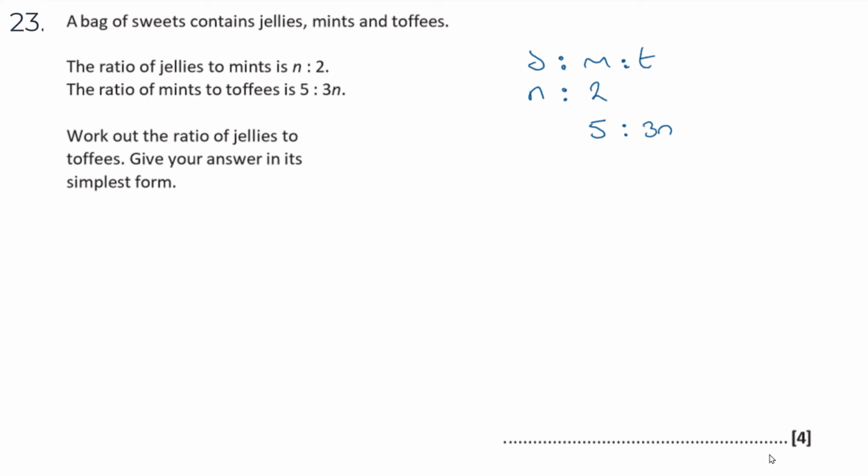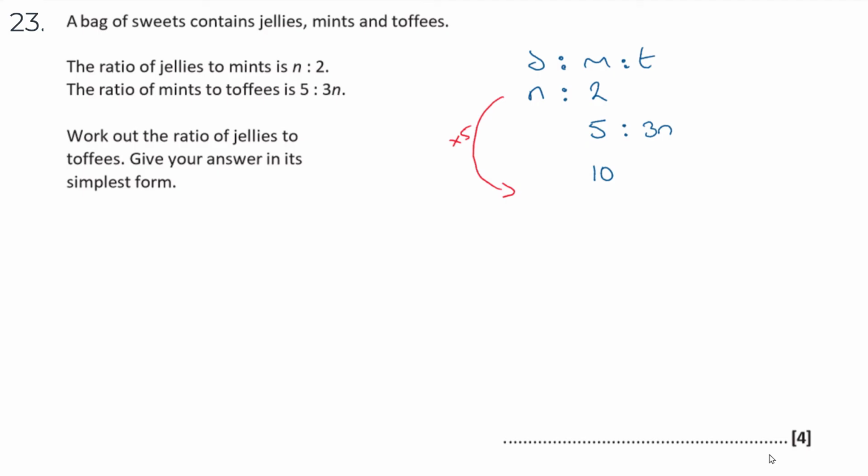The common multiple of 2 and 5 is going to be 10, isn't it? So if we can make this ratio into 10, then we can bring down the other parts and form one ratio. Let's take the first ratio n to 2. To scale that up so that the mints is 10, I would need to multiply through by 5, wouldn't I?